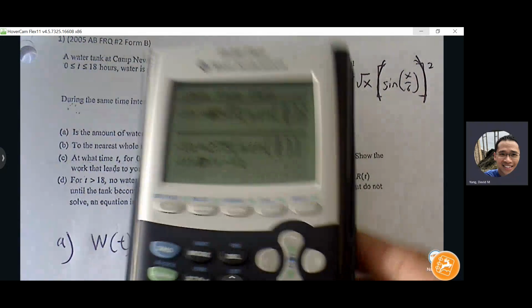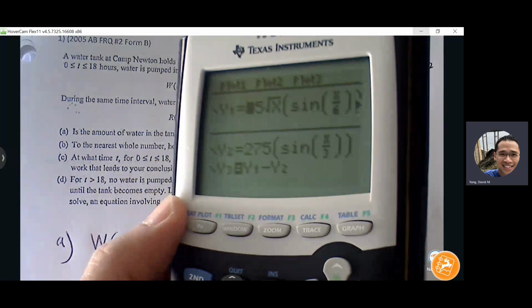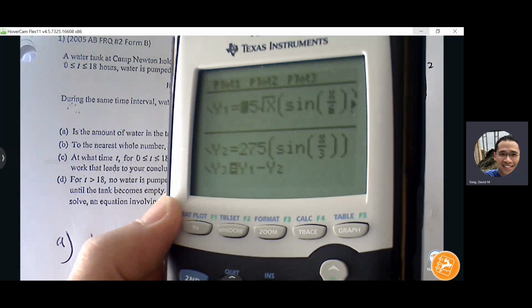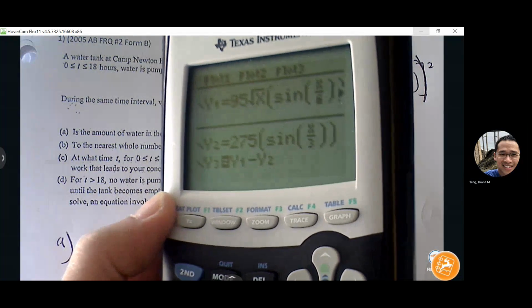I have y1 holding W of t, and then I have y2 holding R of t. And again, you're always using variable x in your calculator.